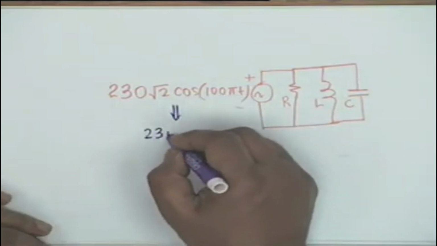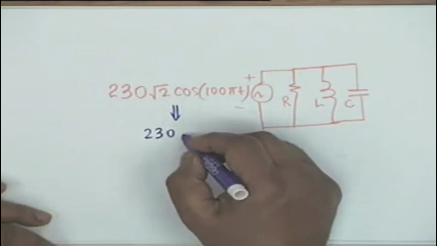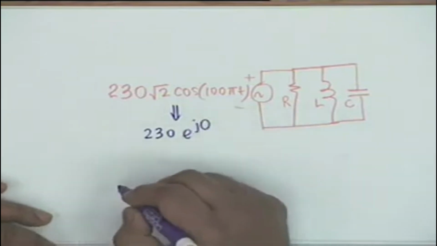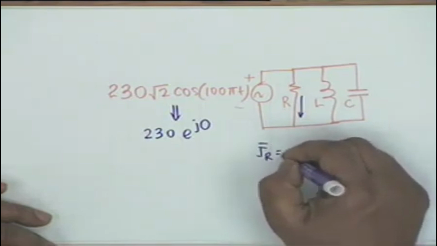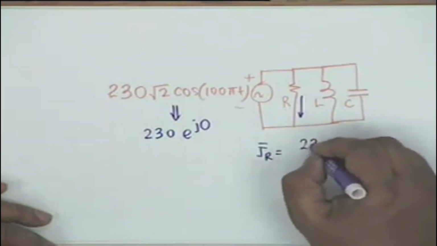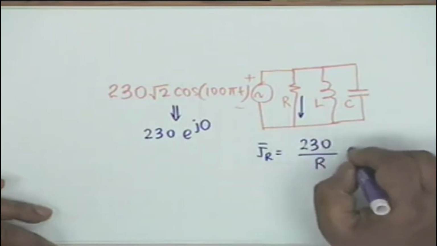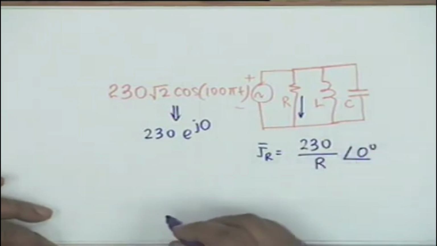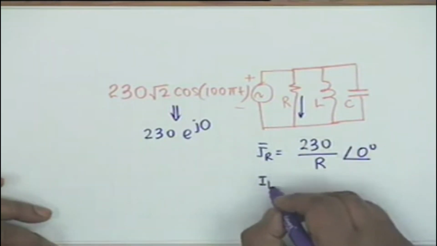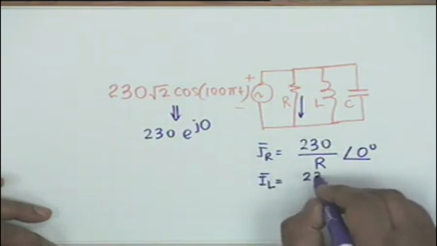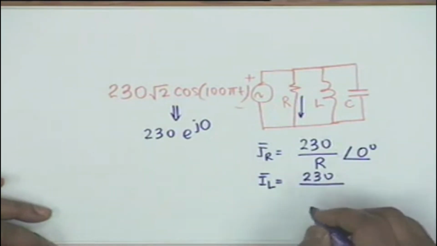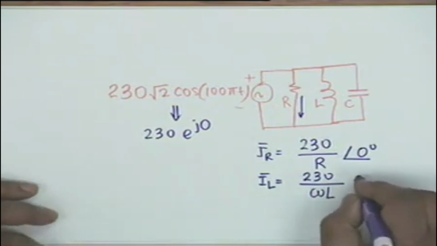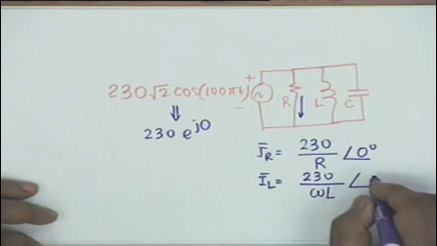then e to the power j 0, and therefore the current IR phasor representation would be 230 by R angle 0. The current through the inductor would be 230 divided by omega L, and the angle would be minus pi by 2.